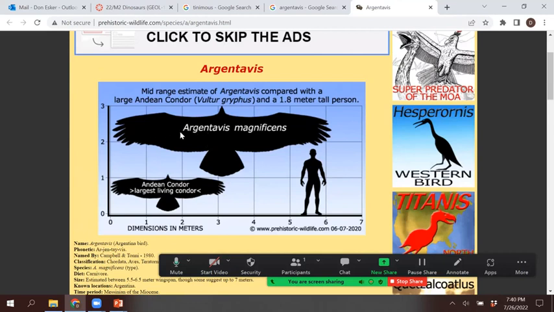All right, so Argentinavis has something like a 6-meter wingspan, in excess of 20 feet, making it the size of, say, an ultralight plane, and dwarfing its somewhat close relative, the Andean condor, considerably in size. Tremendously huge birds. Went extinct in the Miocene, probably about 20 million years ago.